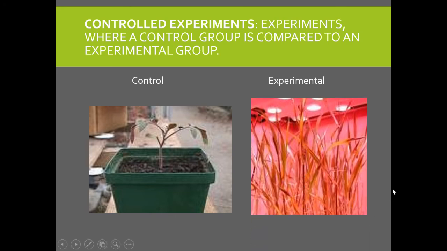Lo and behold, they wanted to experiment on the type of light, and here we have red light in a room, and look how the plants have shot up. Wow. So, do you see the difference between control and experimental? It's different groups being tested. Now, they would both have the same control variables of soil, type of seed, temperature, humidity, but one group has a different type of light.